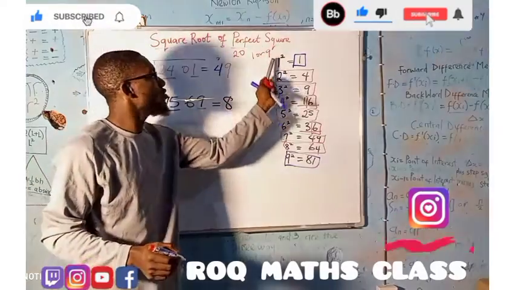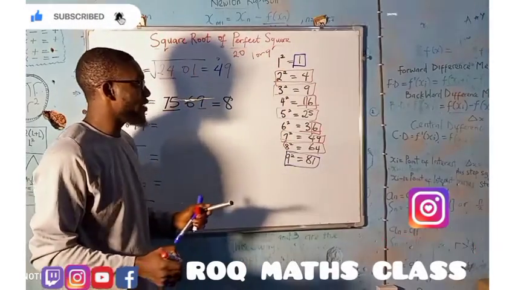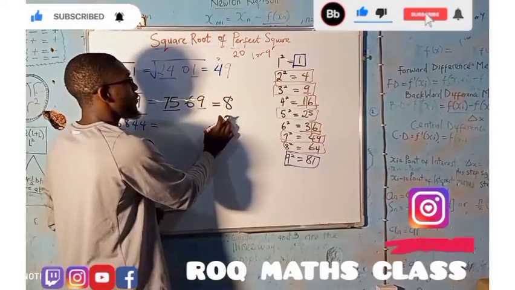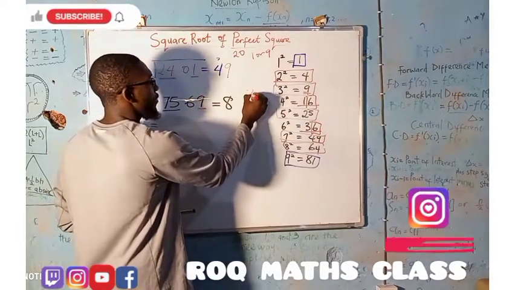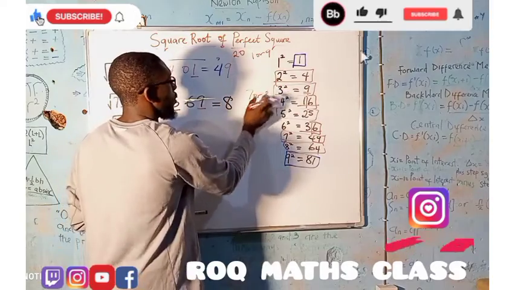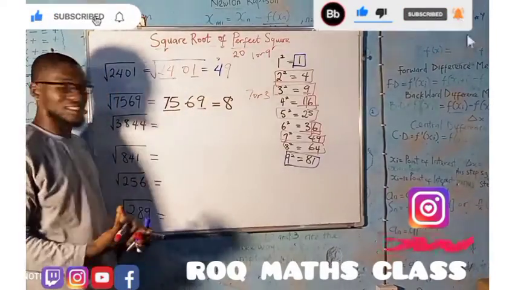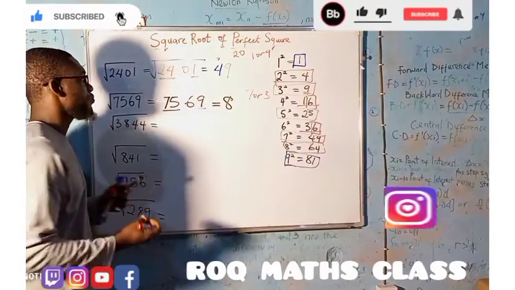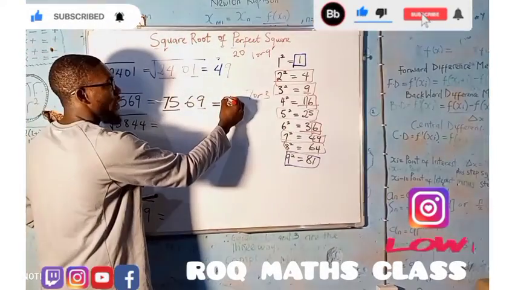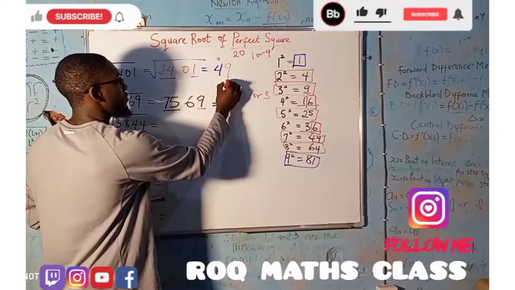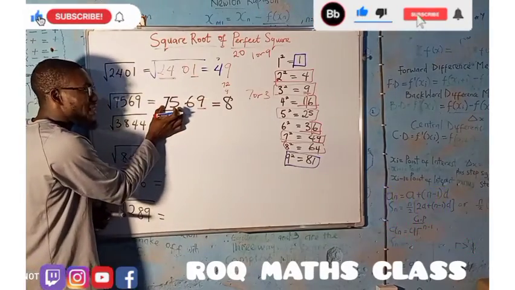So out of all these squares, which one ends with 9? I have 3 and 7. So my last digit is going to be 7 or 3. One of these two. Good. How are you going to figure out which is the last digit? It's very simple. The next number after 8 is 9. 8 times 9, I'm going to have 72. Is 72 greater than this?